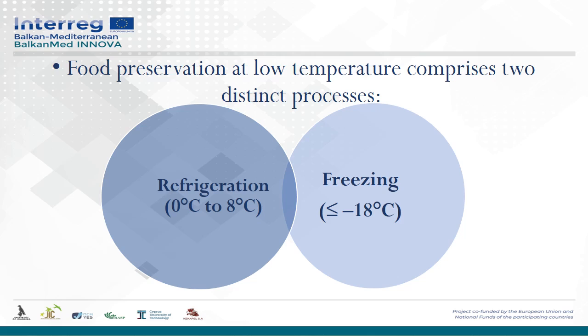And there are some particular foods that need even minus 35 degrees for preserving, and of course for keeping their quality parameters at the right levels for more time during the storage time.